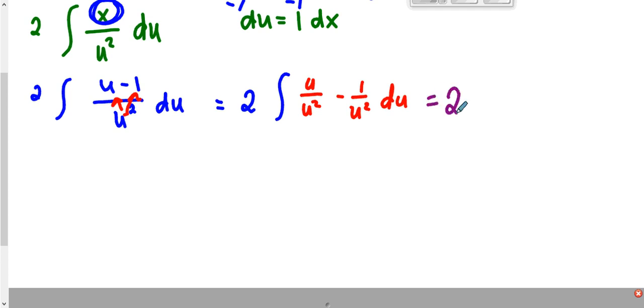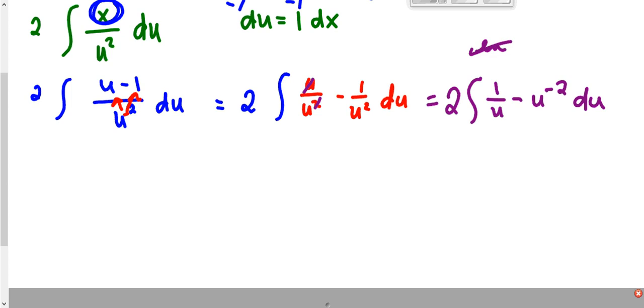And then we can say this is 2 times the integral. This can simplify to 1 over u, which will integrate using ln, so we don't need to bring that up with a negative 1 exponent. We should bring this up with a negative exponent. Oh, it's not plus, it's minus. u to the negative 2 du.